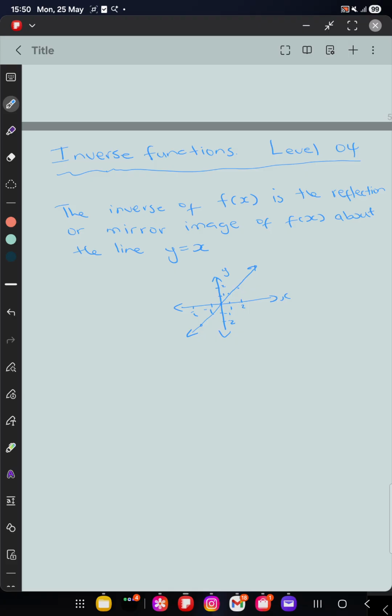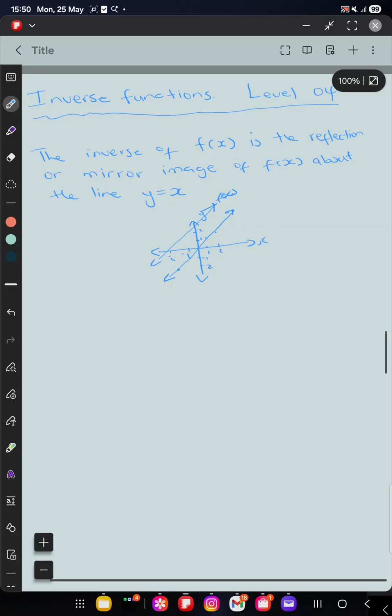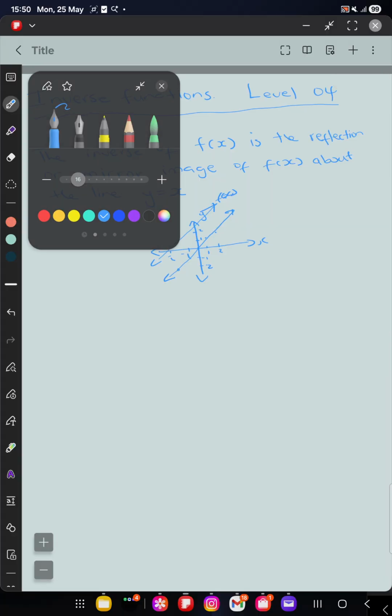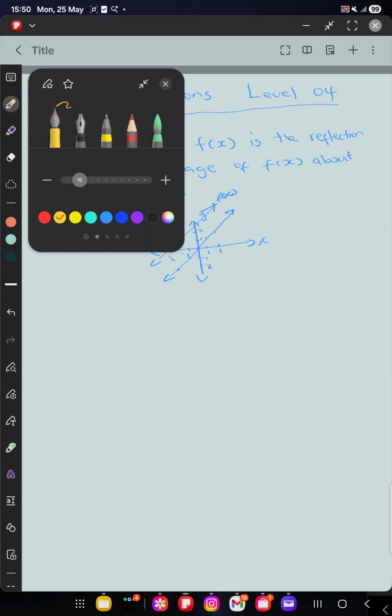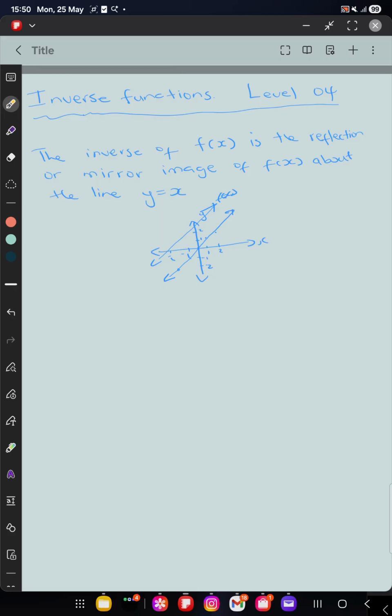Meaning, if I have my graph, maybe as a straight line this side, passing through anywhere as f of x, the inverse is, you are saying, if f of x sees itself in this mirror, where will it see itself?